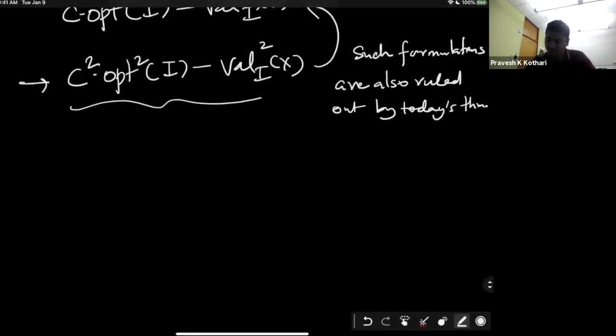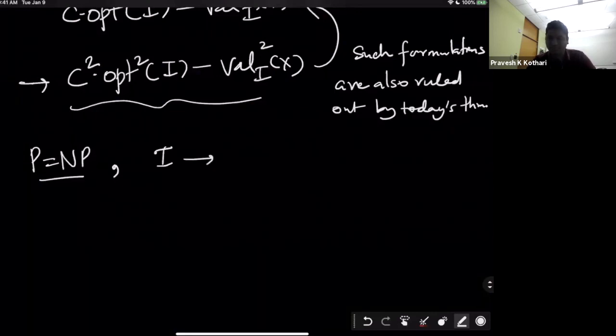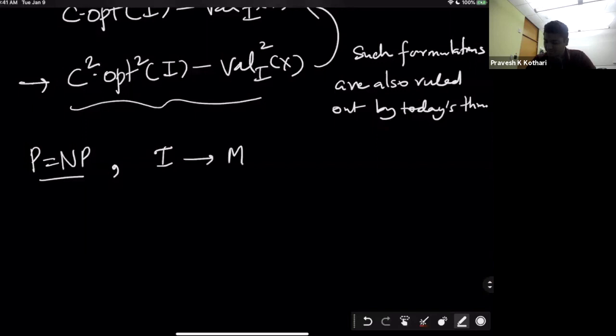Because for all we know, P equals NP. And then there is a reduction from 3XOR to bipartite matching or whatever, or even the max cut problem. Let's say there is a reduction to checking bipartiteness, which is like detecting if the max cut is 1 or not.